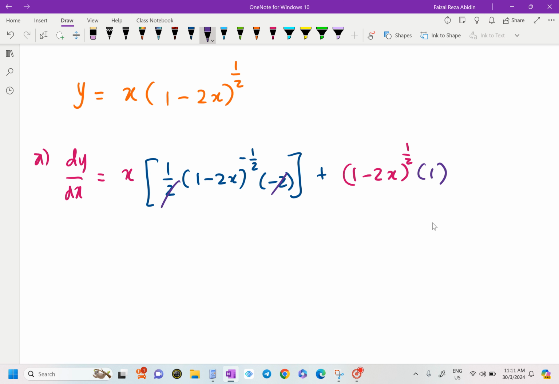So I'm going to get negative 1 times x is negative x, and then I bring this one as my square root back, so I get over the square root of 1 minus 2x. For this one also I'm going to change back. I'm going to get only that one plus the square root of 1 minus 2x, because that one is times 1 only. What happened here?